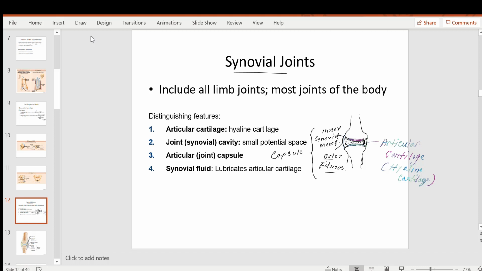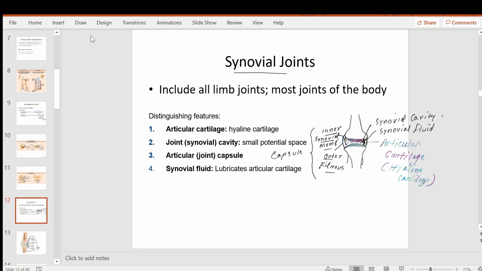This is the cavity called the synovial cavity, and that contains synovial fluid. This fluid is secreted by the inner synovial membrane of the capsule. This fluid is a lubricating type fluid. It reduces the friction. Those are the structures you will find in typical large synovial joints.